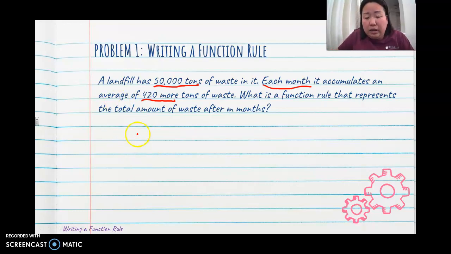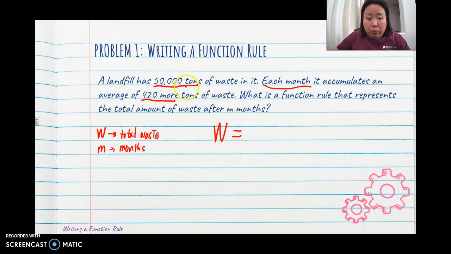So let's say we use W as our variable for the total waste in the landfill, okay? And as you can see here, m is already used as our number of months. So the total waste is going to be equal to what?